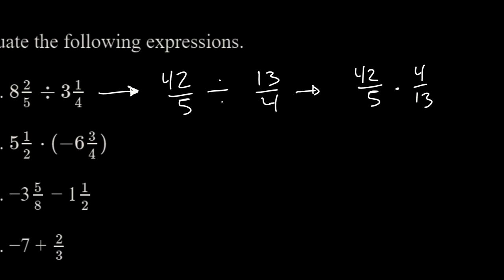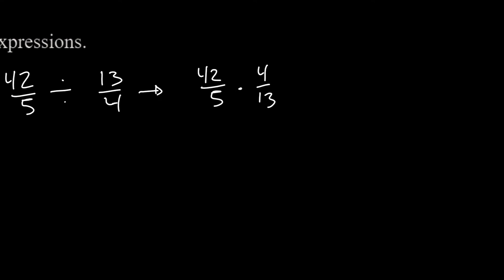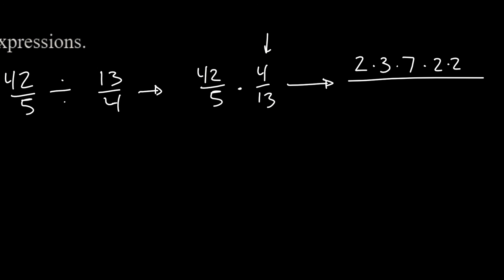And I don't see any common factors here. There's really nothing that I can work with. Just to double check, I'm going to break down this number 42. 42 is 6 times 7, and 6 is 2 times 3, and then I've got this 4 that I'm multiplying by, so times 2 times 2, and in the denominator I've just got a 5 and a 13.